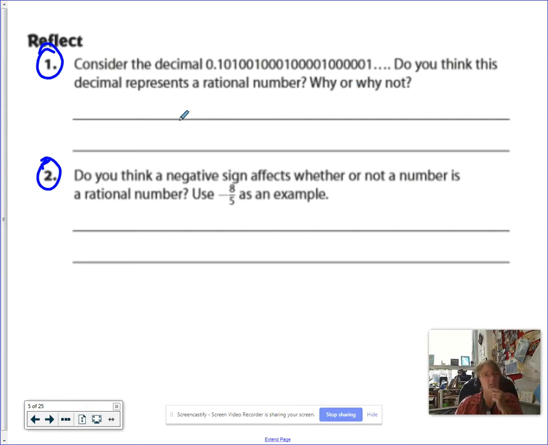So this is kind of a strange one. Do you think it's a rational number? Meaning, does it come from a fraction? I'm going to tell you that's a big old no. It's an interesting number, but it isn't one that we call rational, okay? And the reason is there is no fraction, or I can't write that decimal as a fraction.